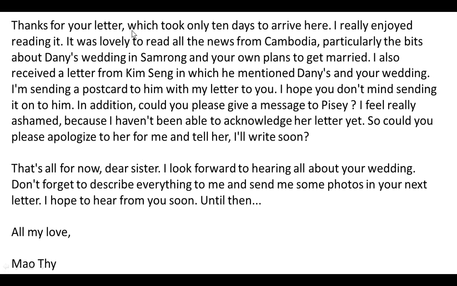Thank you for your letter which took only 10 days to arrive here. Before, we sent letters by post, and the letter could be sent by plane or by ship or ferry, so it took so long to receive a letter.